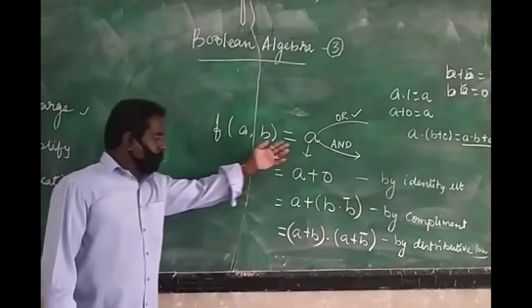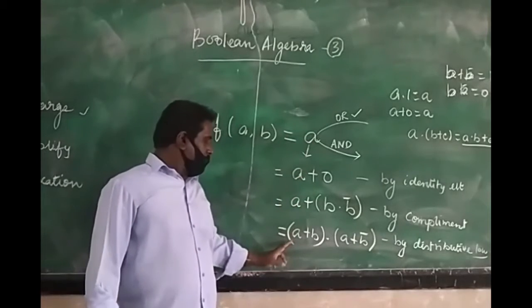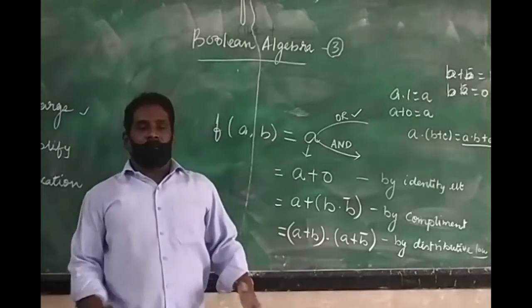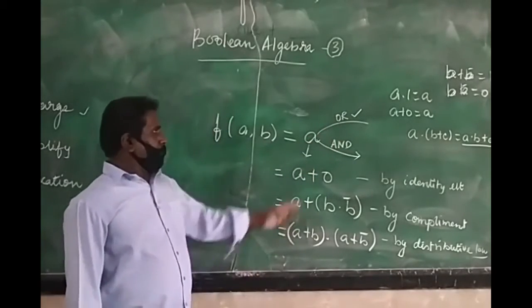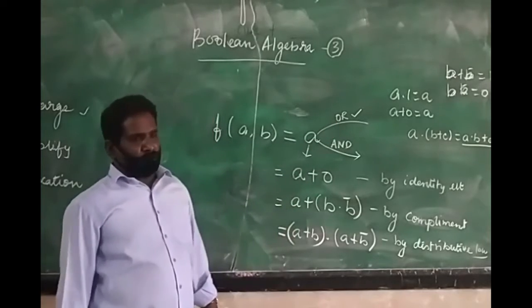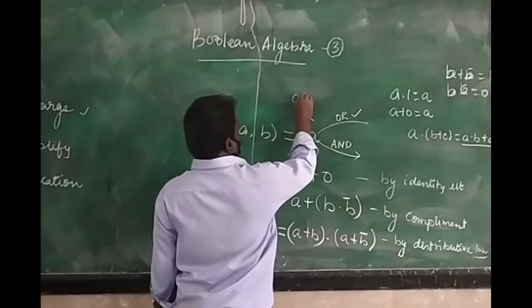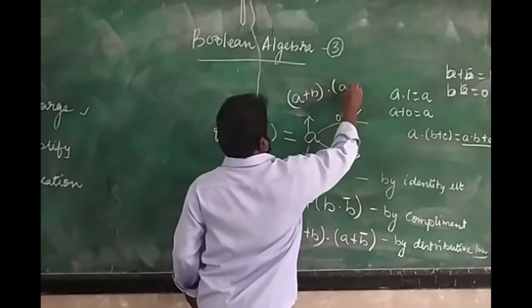So now we have converted, according to the rules, A into A plus B dot A plus B bar. Today we are going to use the OR operator method. So A we can rewrite as A plus B dot A plus B bar.